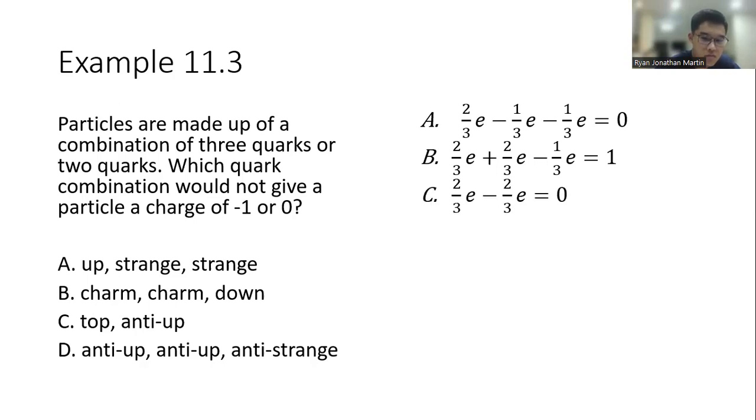And C, top is 2/3 e, anti-up is -2/3 e, so 0. Anti-up is -2/3 e, -2/3 e, 1/3 e. So the answer is B. Oh, we don't want 0, we don't want -1. We only want 1. Yeah, I didn't read the question properly. Sorry.